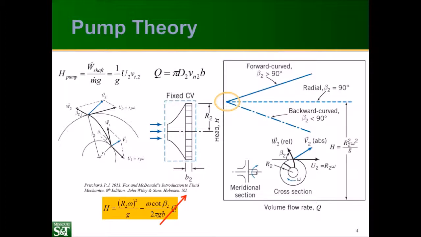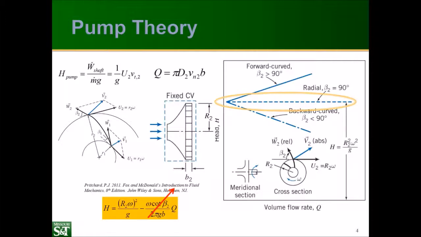We can also look at some other situations. We can start by looking at 90-degree blade angle at the exit, which is what we call radial blades. And if that's the case, then the cotangent of beta 2 is 0. And so in this case, for an ideal pump, the head produced by the pump has no dependence on the volume flow rate.